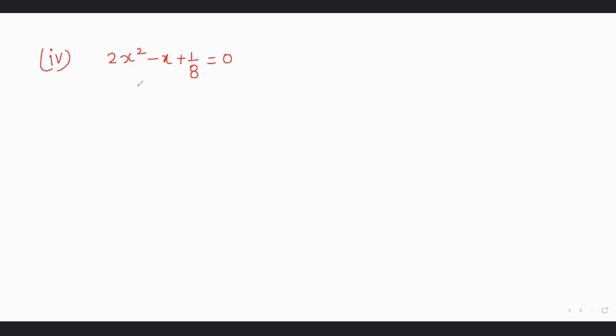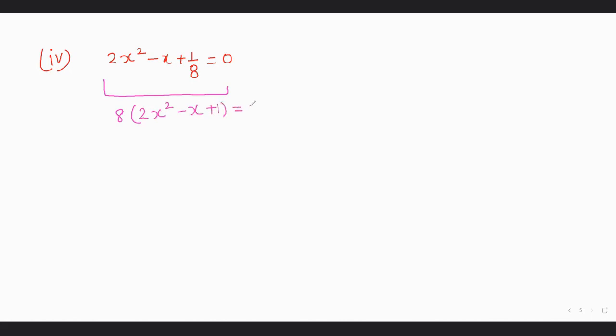Let us first simplify this. Let me tell you what we mean by simplifying. We can multiply this whole equation by 8. So if you multiply, what will happen? Let us see.